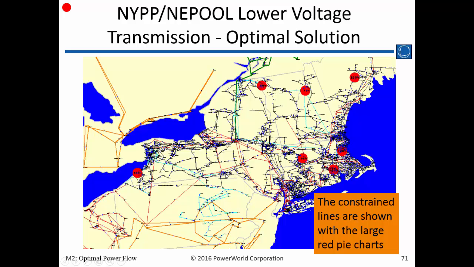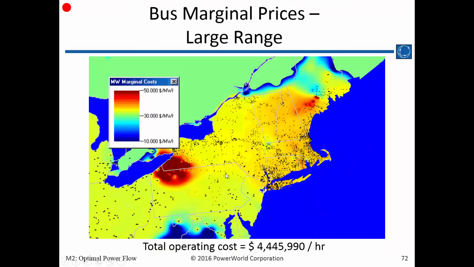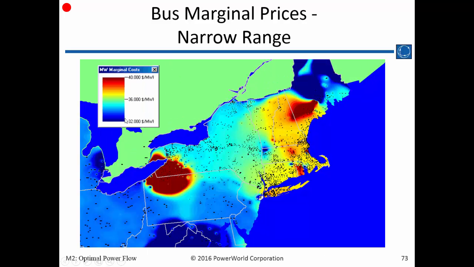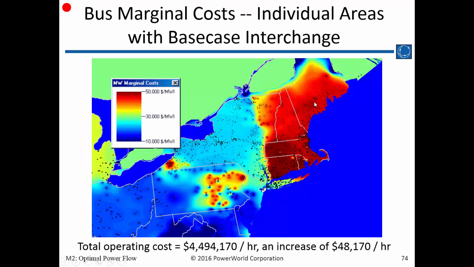This is a contour of the pricing, where the large range just means the range on the contour right there from 10 to 50. If that's narrowed to 32 to 40, you can see more granularity and more differences in here. There's a load pocket here and some other constraint along there that's causing different prices on different sides.